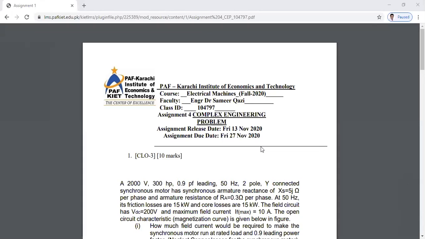This topic of synchronous machines, I think we have covered all the main major details. By no means am I saying that you have become an expert on this topic or the other topics we have covered in this course, because in a semester system, the time is very compressed.